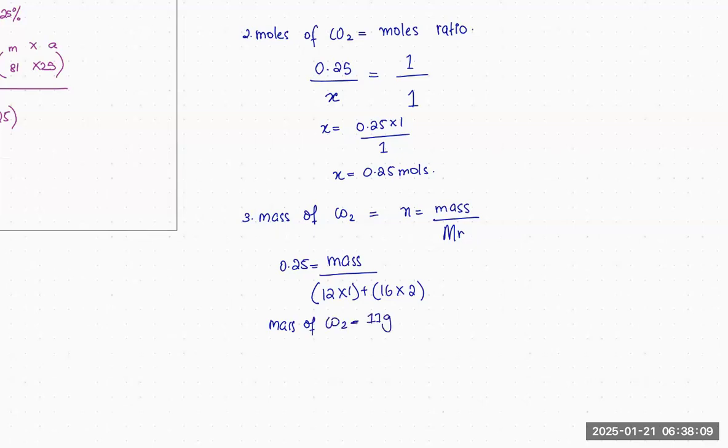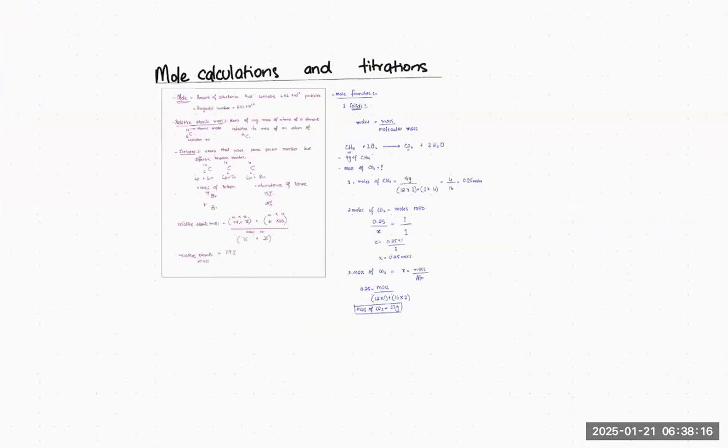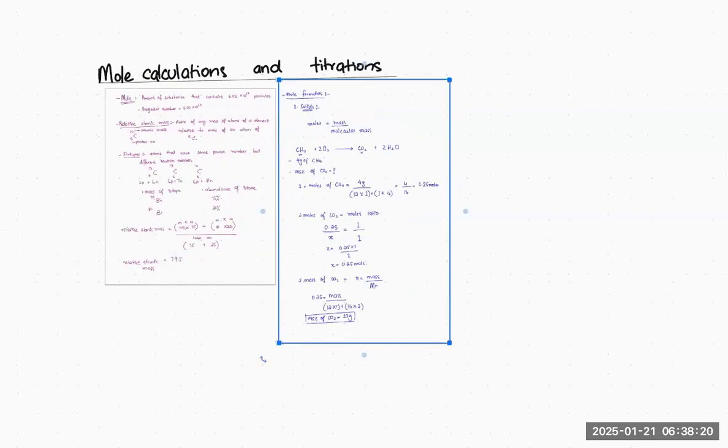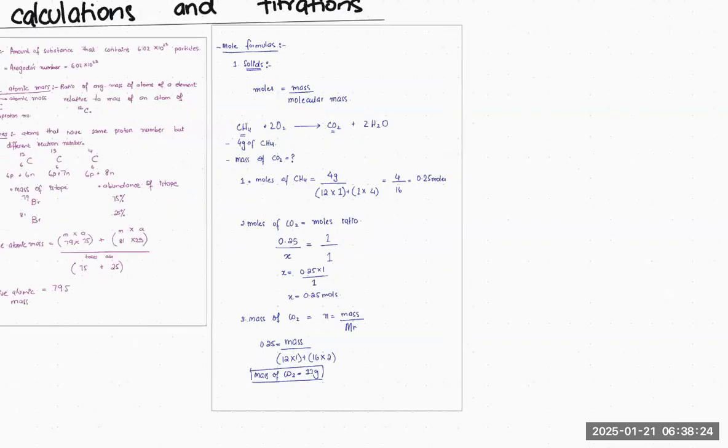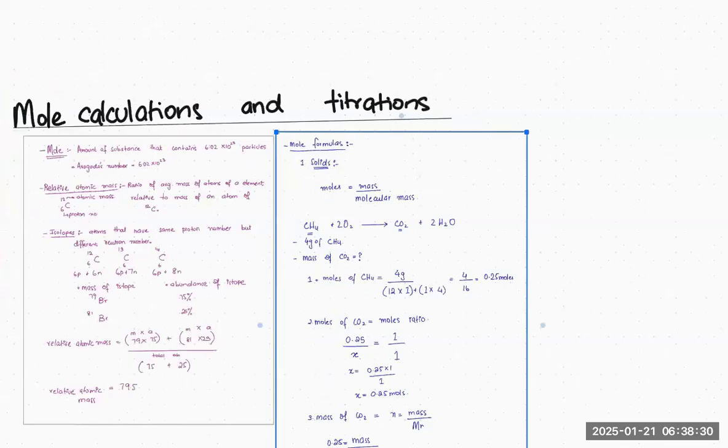So this is how you are going to do your mole calculations. These mole calculations follow the same steps throughout, even when you're doing titration calculations or any mole calculations. First, find the moles of whatever chemical is given to you in the question.